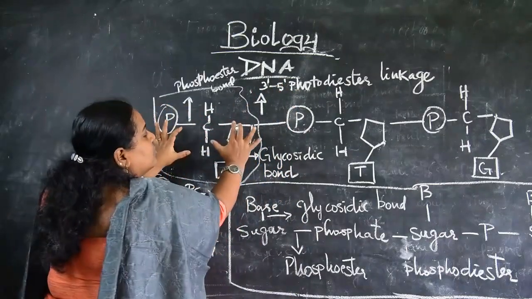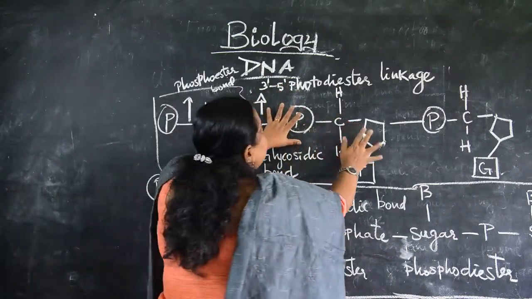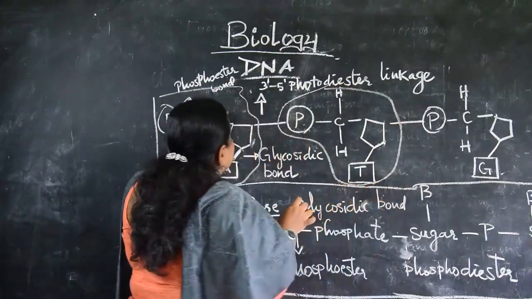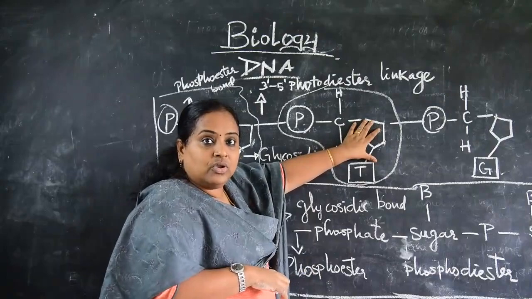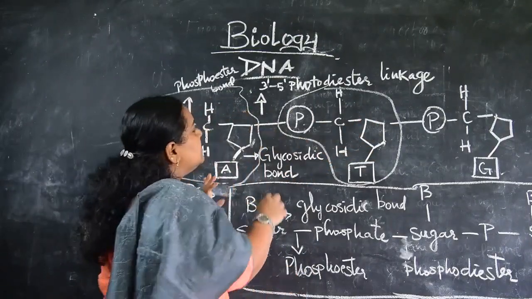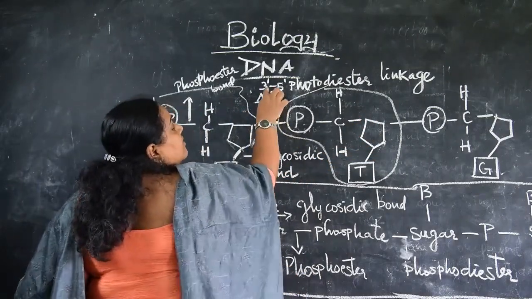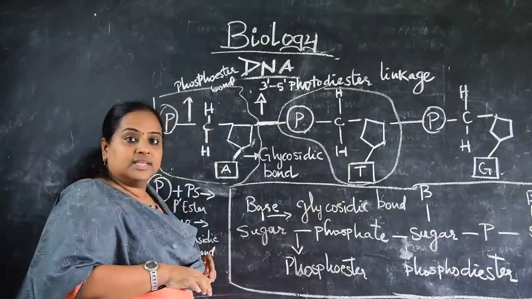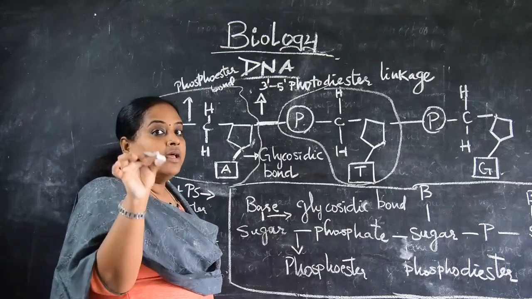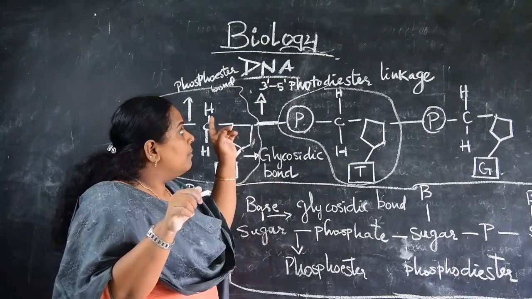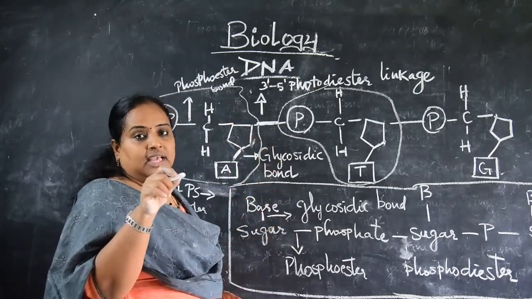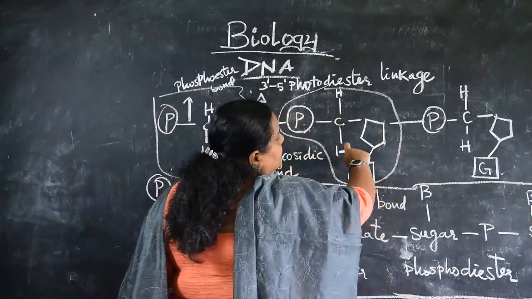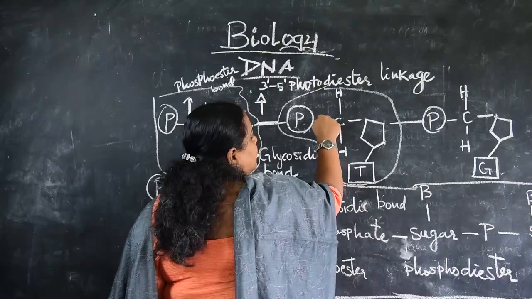So this is one nucleotide moiety, this is another nucleotide moiety. I hope it's clear for you. These two moieties are joined together by 3' 5' phosphodiester linkage. Now again, see here. What is the bond that comes here?